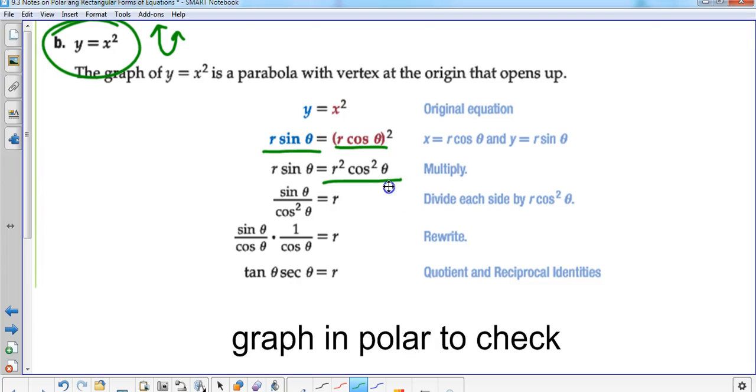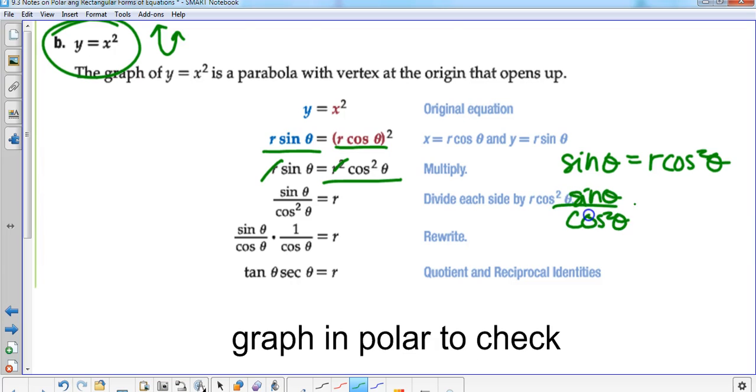We need to get r by itself, so we can divide out an r here. And then we have sine theta equals r cosine squared. I could divide both sides by cosine squared, so I get sine over cosine squared equals r.